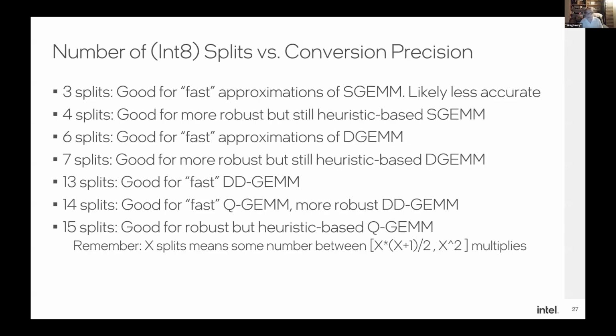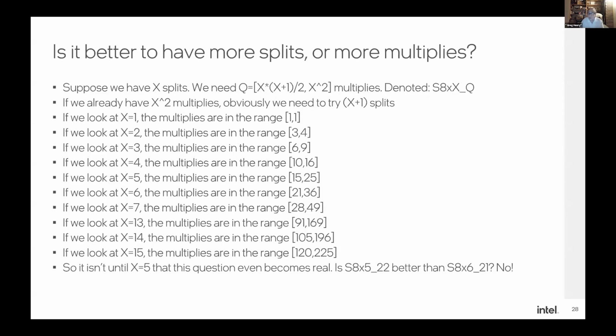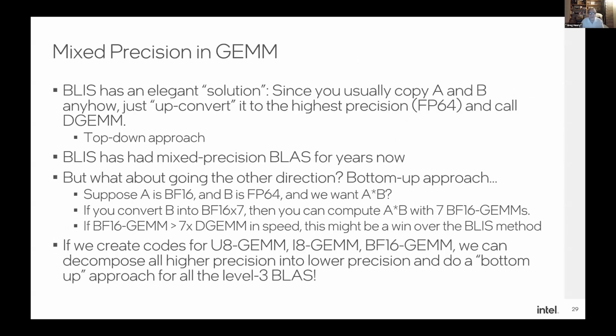If you're splitting down into int 8, I noticed that 3 or 4 splits is good for approximating SGEMM. 6 or 7 splits is a good approximation for DGEMM. 13 to 15 splits might be a good approximation for some quad or double. And is it better to have more splits or more multiplies? Not necessarily. I just talk about the number of multiplies, and the splits is better, definitely.